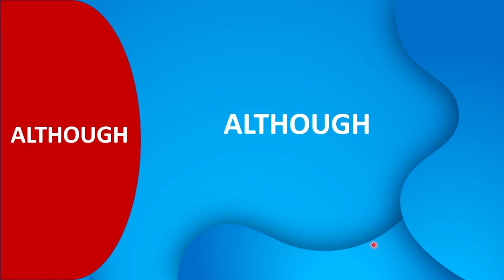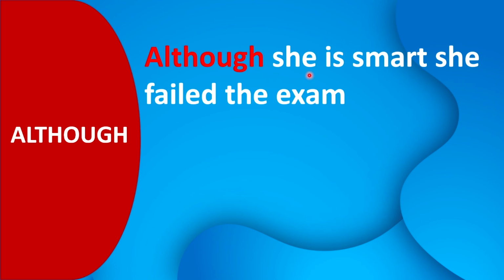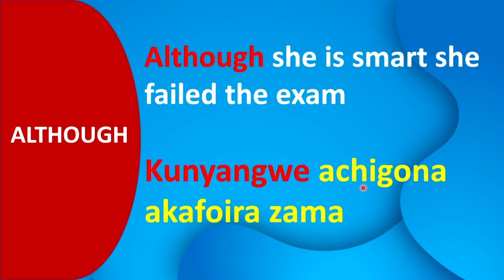Next conjunction is although. Although becomes the word kunyangwe. Kunyangwe. Although she is smart, she failed the exam. Kunyangwe achigona akafoira zama.